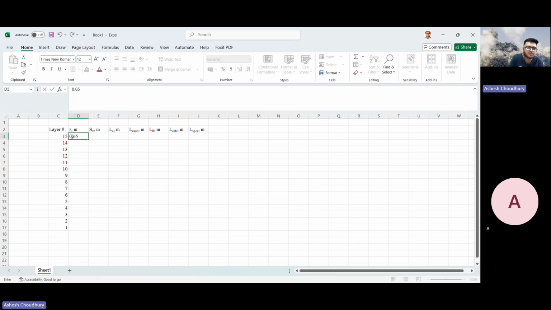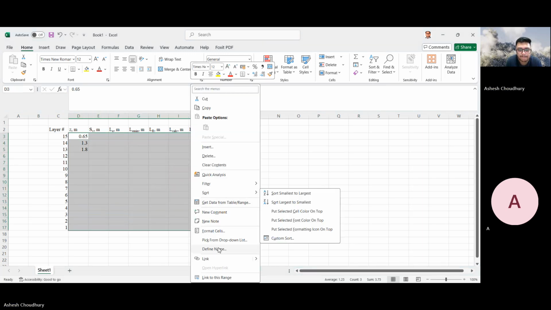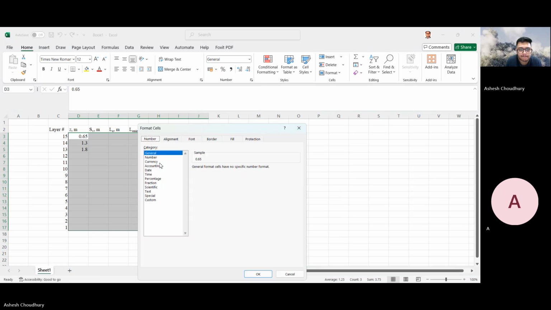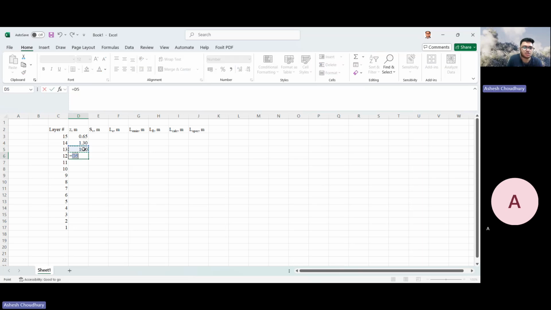First depth is 0.65, then 1.30, then 1.80. Then this is plus 0.5, for four layers.